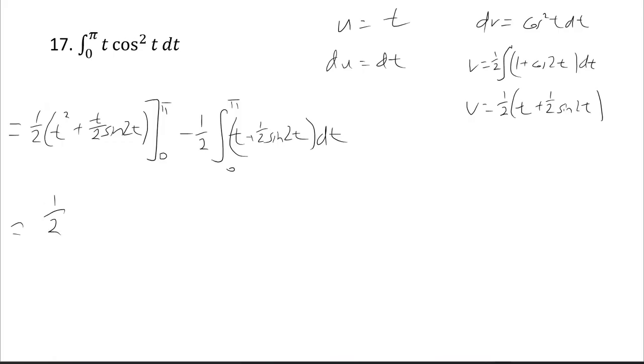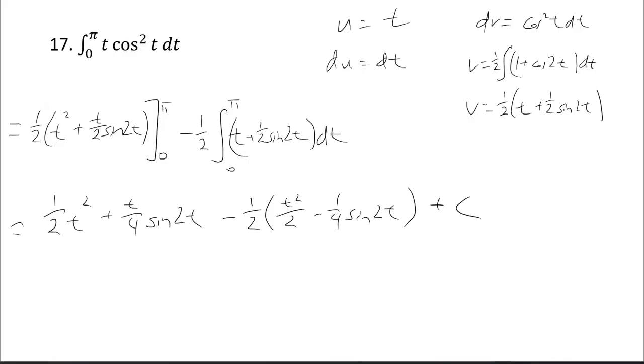So let me even distribute that: half t squared plus t over 4 sine of 2t minus half t squared over 2 plus, it will be minus then over here because there'll be, that minus a fourth sine 2t plus c.